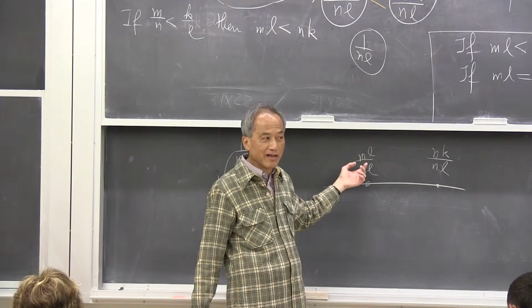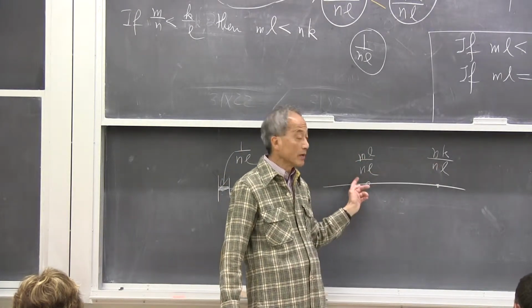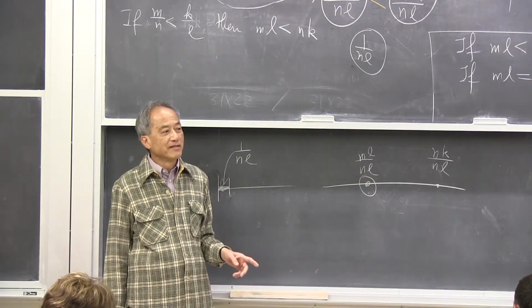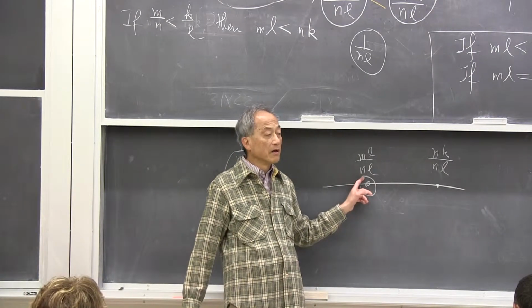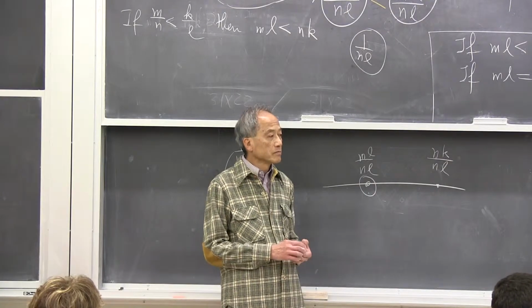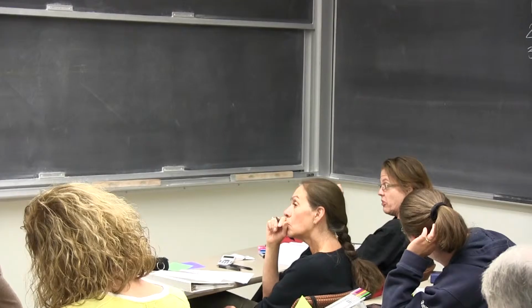So what does it say? That means you have to count more to get past this one, no? You have to count more steps than this one. Okay? Isn't it the definition of a fraction? And you can think of it, if the denominator is the distance, a sequence, and each one is equal.